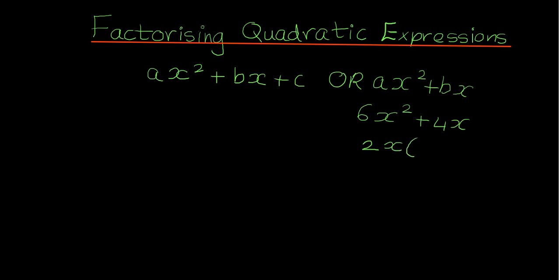And what do you multiply 2x by to get 6x squared? 3x. What do you multiply 2x by to give you 4x? Just 2. Okay, there is no c over here, so that's how you would factorize this kind of expression.